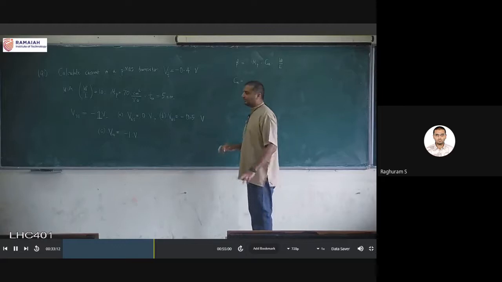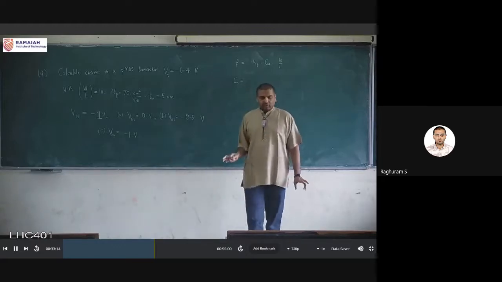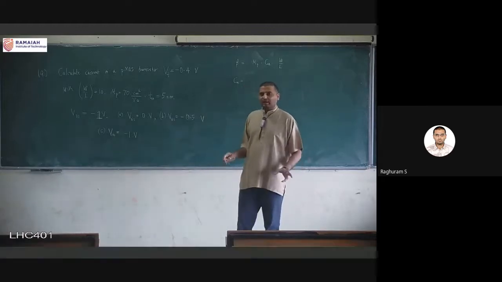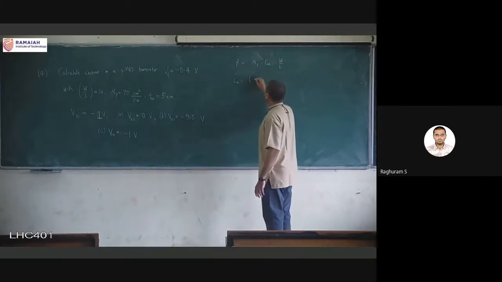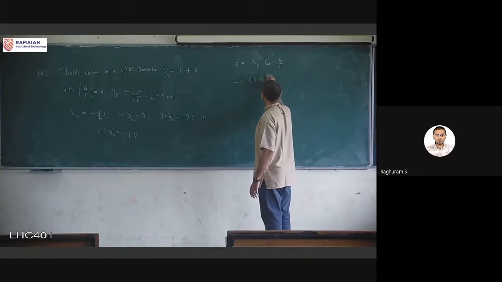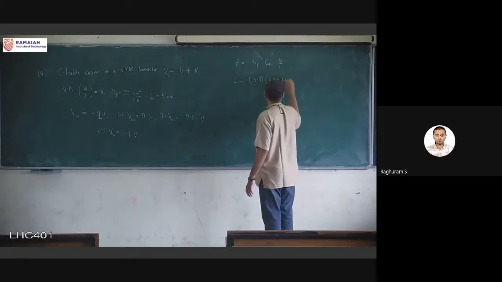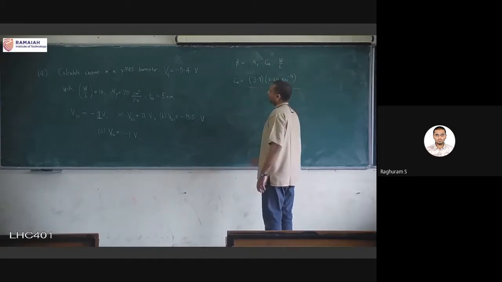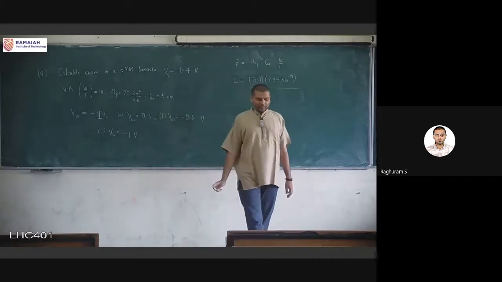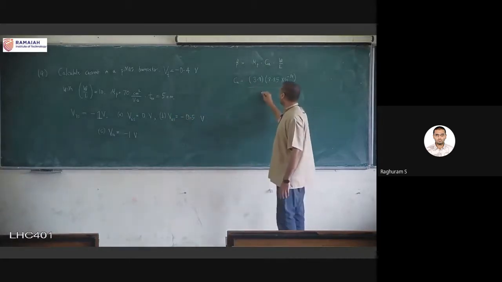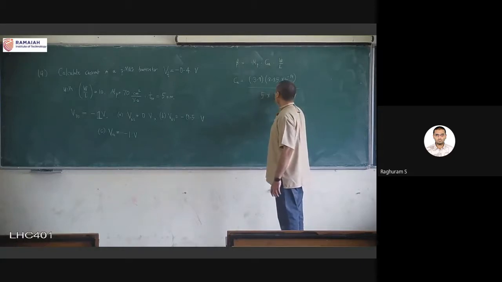Here also nothing is given about epsilon or epsilon R, so we will always assume it is silicon dioxide, which means the relative permittivity is 3.9 into 8.85 times 10 power minus 14. This time the T oxide is in nanometer. So nanometer is 5 into 10 power minus 9 meter.